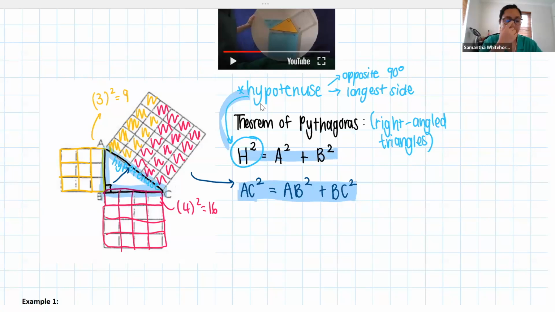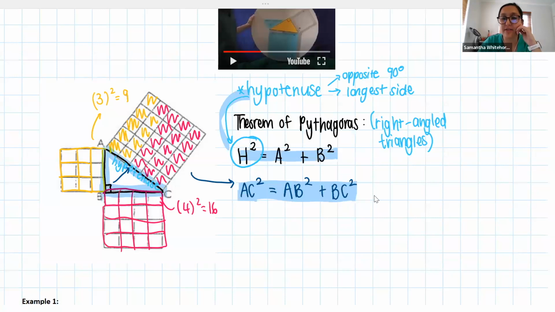Sabiso? Hello, ma'am. Ma'am, when you know that AB plus BC squared is equal to AC squared, how do you find the angle? Okay, but we're not looking for the angle, we are looking for the side. I said here that the theorem of Pythagoras allows us to find the length of any side.